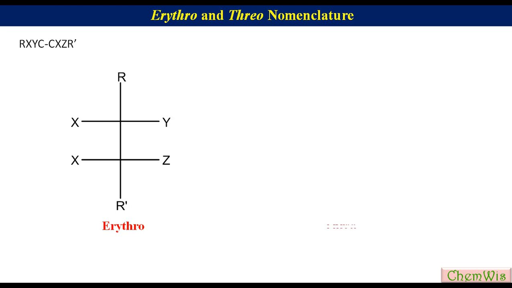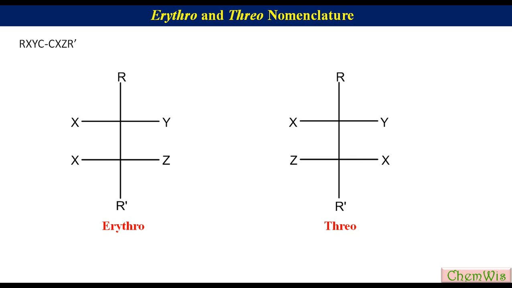For drawing the threo diastereomer, draw a skeleton for the Fischer projection. Put R and R' on the vertical lines. Two same groups X on opposite sides and Y and Z on opposite sides too.